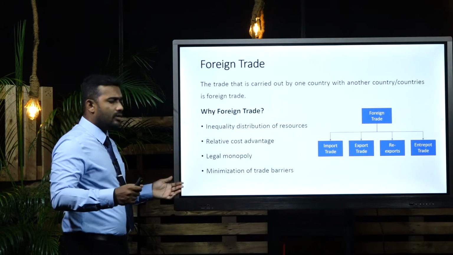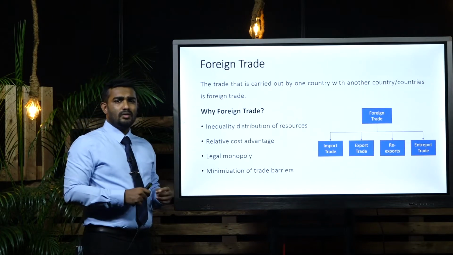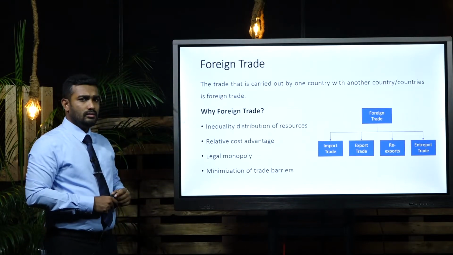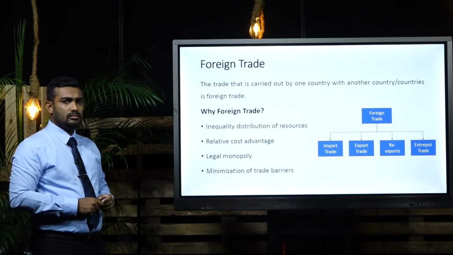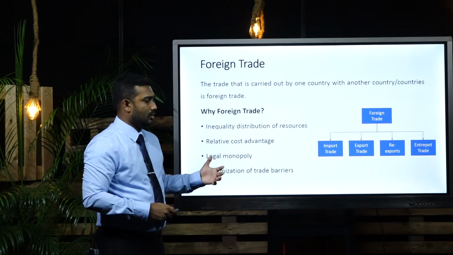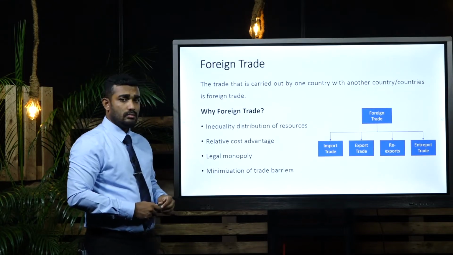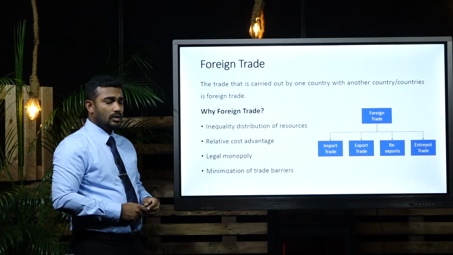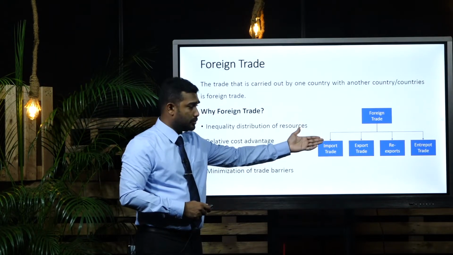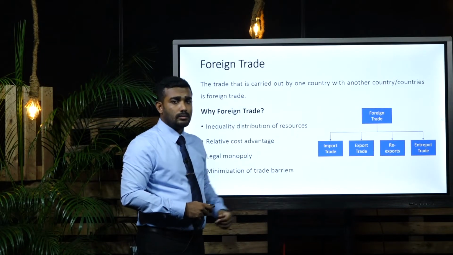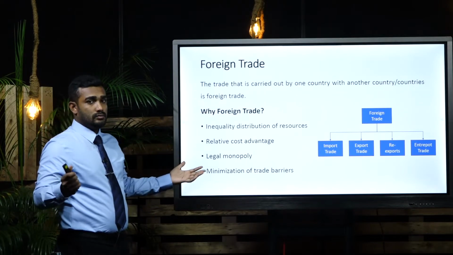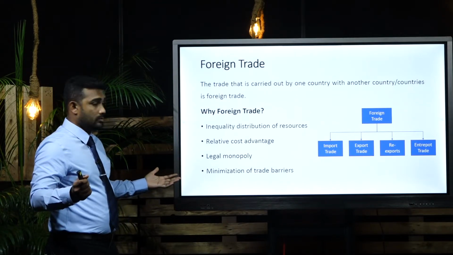You look at any country, they are involved with foreign trade. They are doing import, export, re-exports, entrepot trade. Some might not be there. Let's say they are not doing re-exports, but others would happen. So why foreign trade? Why is it important?